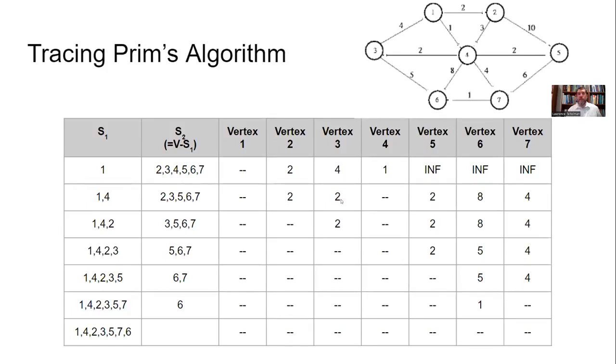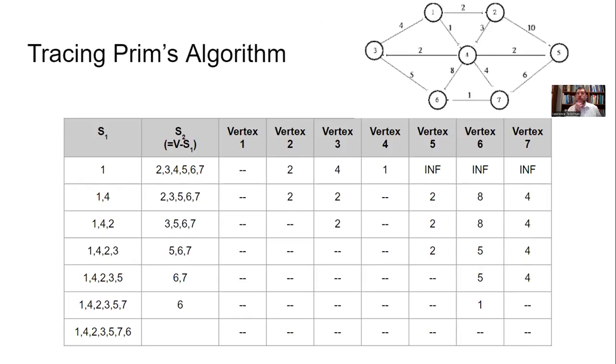A lot of things are getting updated here. So 2 didn't change, but 3 did. Why? Because now I can go from 1 to 3 with the cost of, I said 2 there. Is that a mistake? Is it 3?